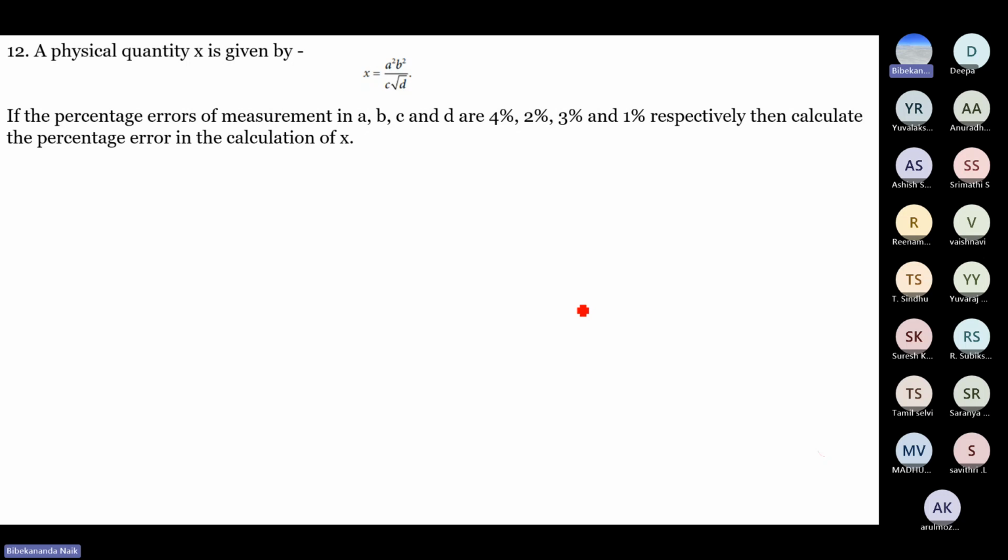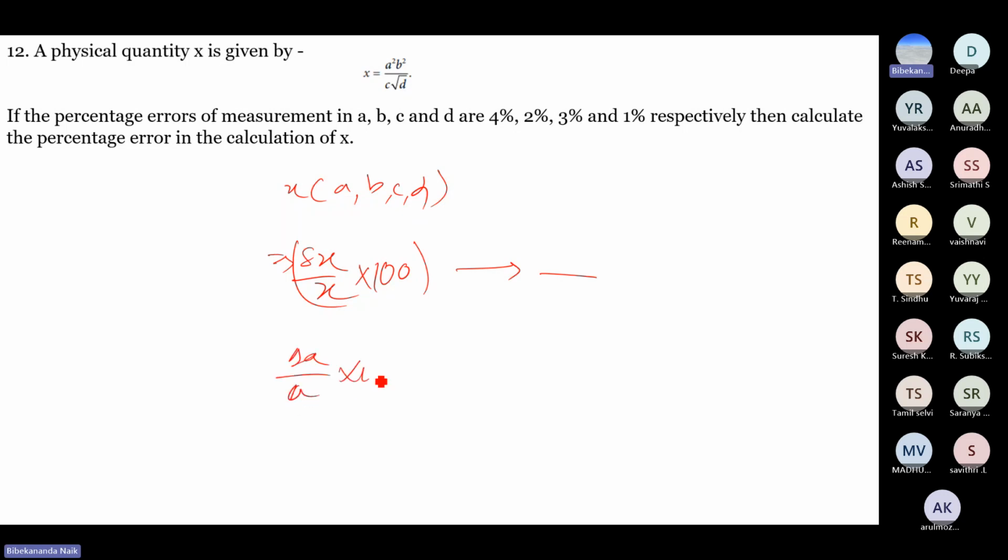It involves powers of some variables, so directly we will use the formula. x is a function of A, B, C, and D. We need to calculate delta x by x into 100, and we are given delta A by A into 100 as 4%, for B it is 2%, for C it is 3%, for D it is 1%.